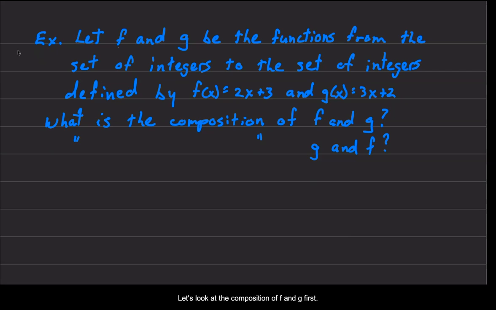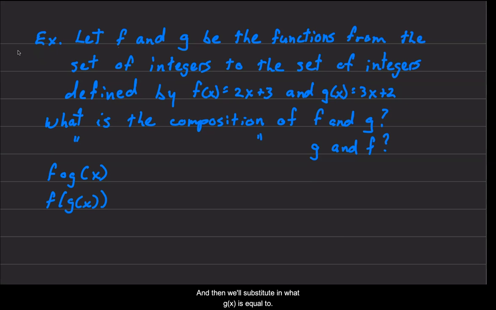Let's look at the composition of f and g first. We'll write f composed with g of x, and rewrite that as f of g of x, and then substitute in what g of x is equal to. So g of x is 3x plus 2.